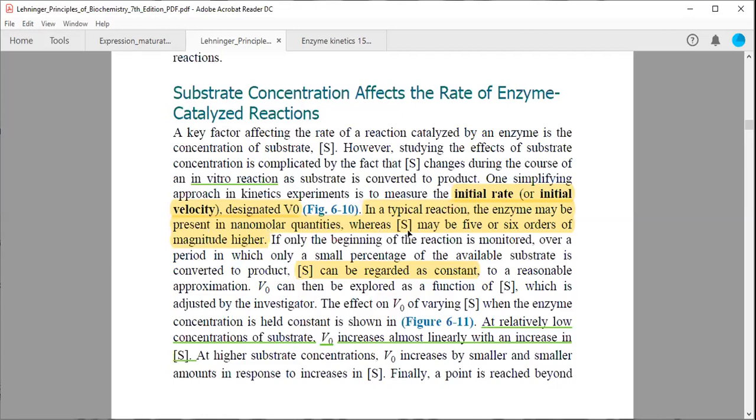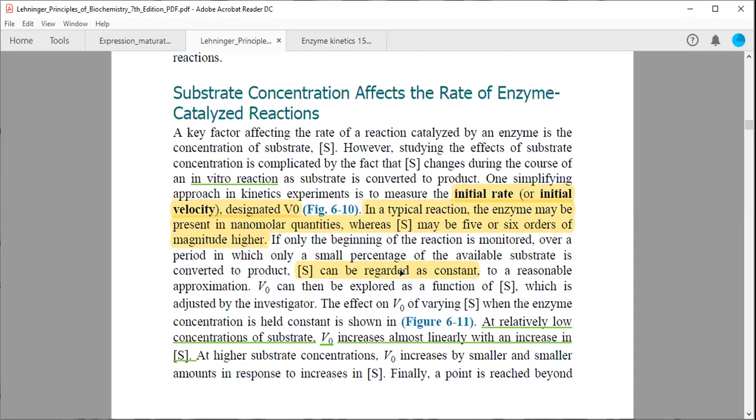Whereas you add substrate, which is generally 5 to 6 orders of magnitude higher than the concentration of the enzyme itself. Now you can assume this enzyme will be saturated with substrate, because all the enzyme's active sites will have bound substrate, since substrate is present in higher concentration, at least 5 to 6 orders of magnitude higher, or it can be even higher.